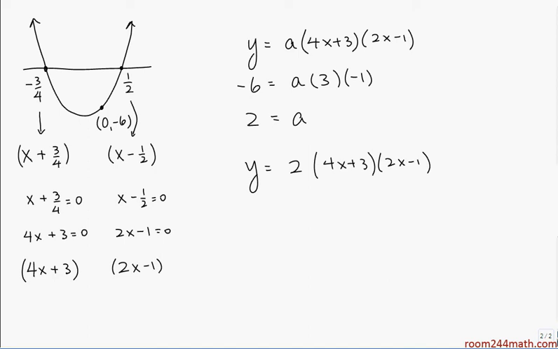Now, you can try this for yourself. If you used the original factors, x plus 3/4 and x minus a half, you would get a different value of a, one that is actually much larger. I think it would be 8 times larger, so it would be 16. And then it's going to look quite different when you write the quadratic function in factored form.